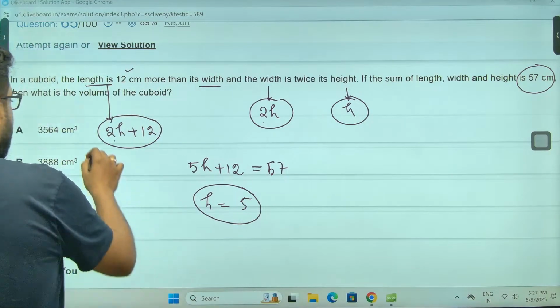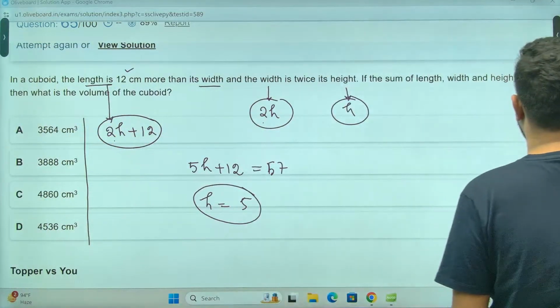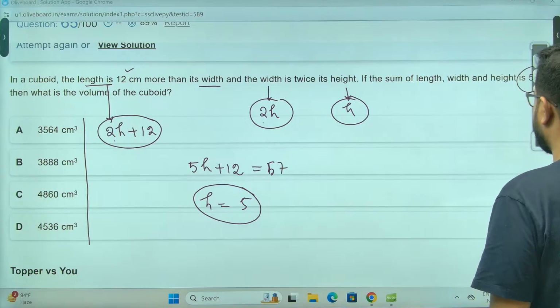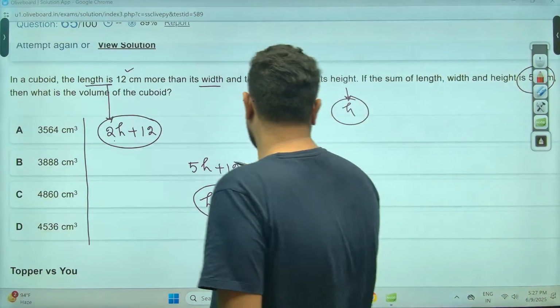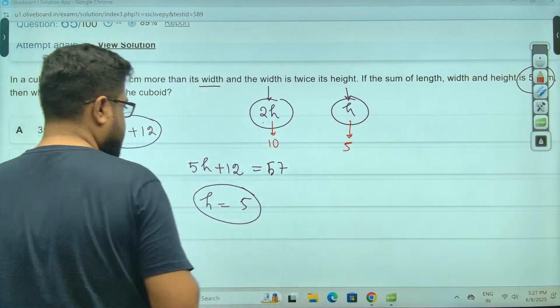Achha, let's not do this. Check multiples. In these situations, check multiples, sir. थोड़ा multiple check कर लो, answer आ जाएगा, because unit digits are also different. So h is 5. This is 10.